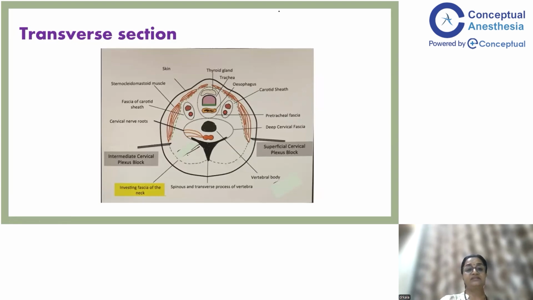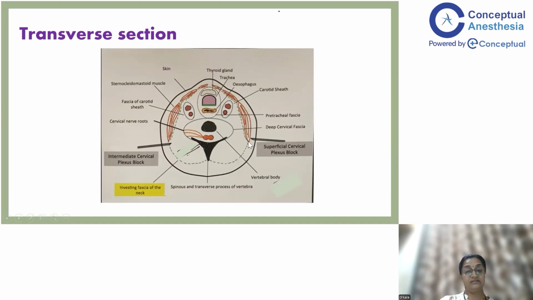So what happens is, at the neck at C6 level, this is your sternocleidomastoid muscle, and at the midpoint the plexus emerges out. The sternocleidomastoid has an investing fascia of the neck.